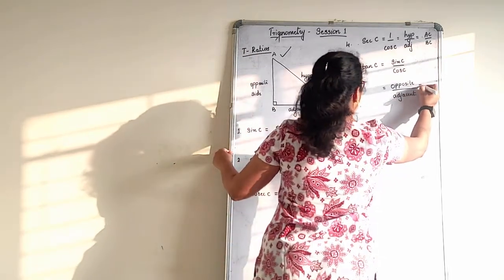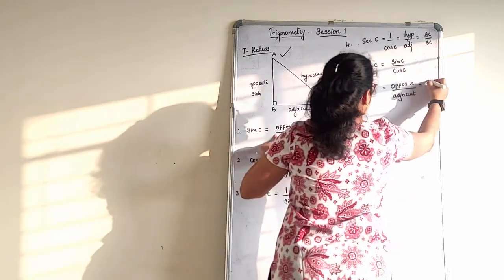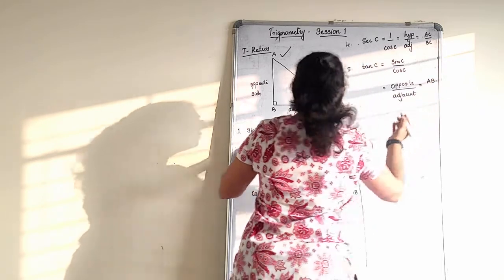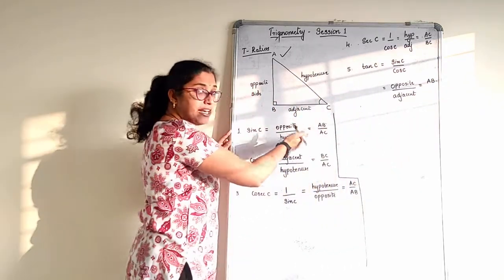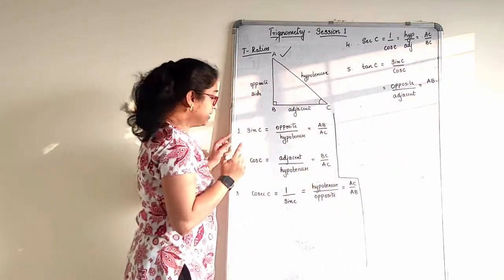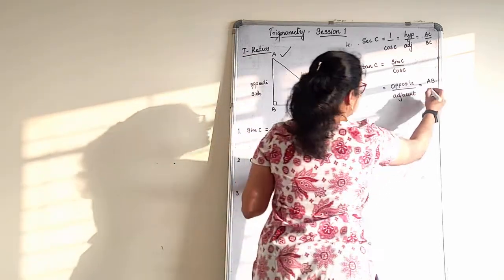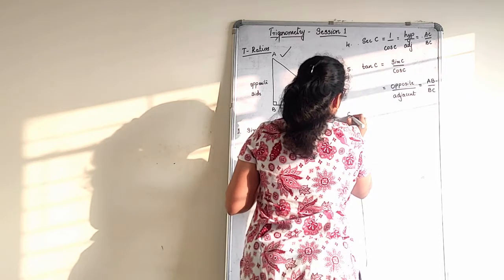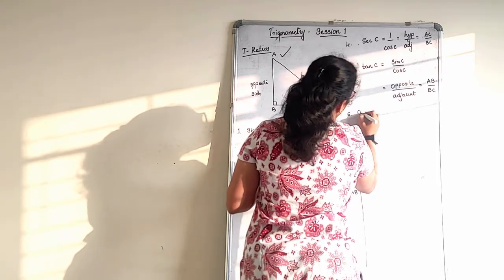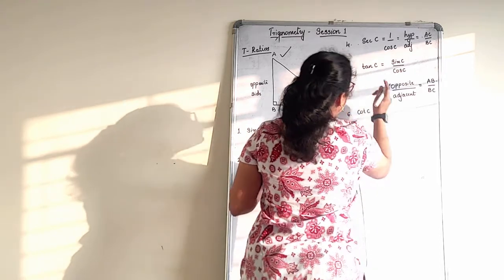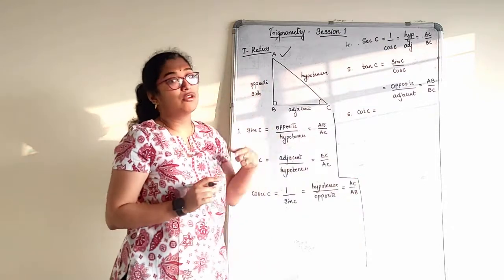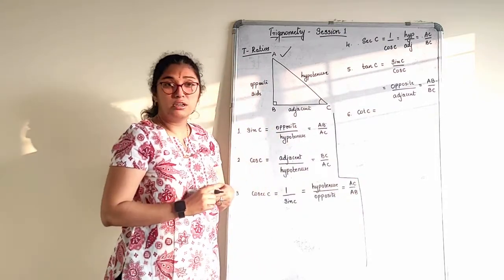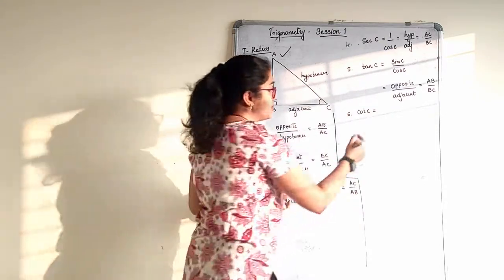Which is nothing but opposite side is AB. See, you need not even look into the figure now. Only from the sine that you have done, you are able to find. And cos is BC. Okay. Now last one, sixth one is cot C. If tan is sin upon cos, then what would be cot? Cos upon sin.